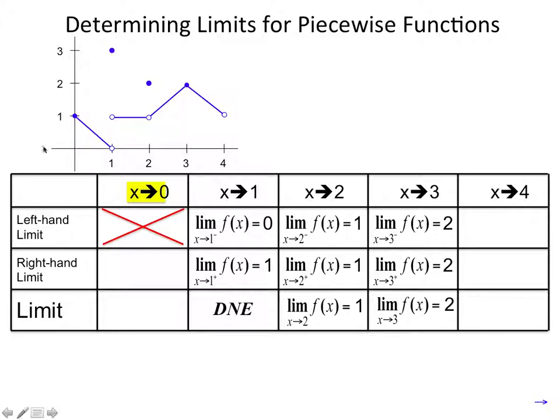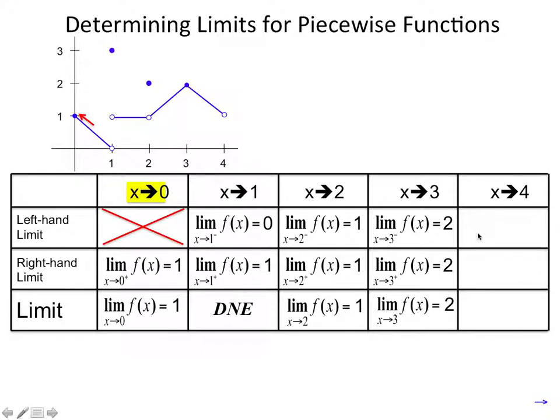Our function doesn't begin until 0. But we do have a right-hand limit. We can approach it from the right side, and as we approach it from the right side, we're approaching a y value of 1. And since it's an endpoint, we only need one of these. So since we have a right-hand limit that exists, we have an overall limit of 1.